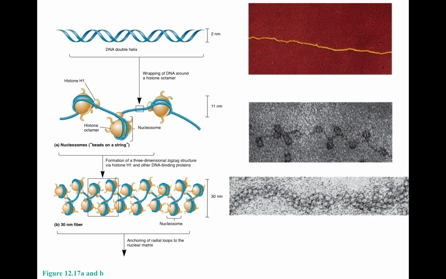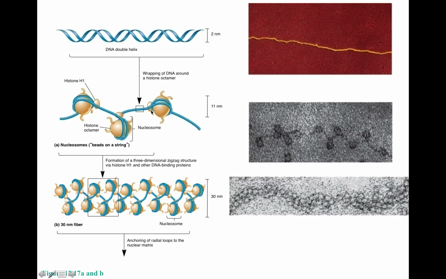So if you look at a chromosome, and if you go all the way back to its basic structure, you can step through the hierarchy of organization. If you start with a double helix of DNA, here's a nice picture of just plain old naked DNA right here. It has a diameter of approximately 2 nanometers. When you wrap it around the core histones, it's 11 nanometers.